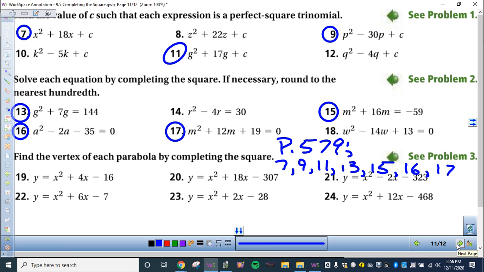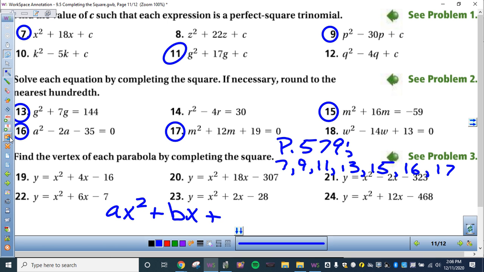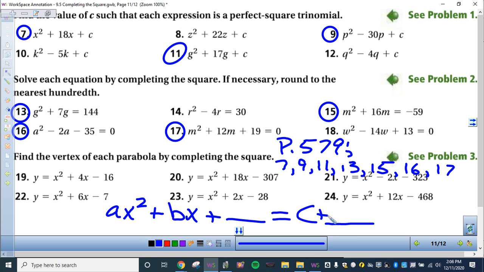Remember, the top 3 problems, you're just getting that binomial squared. But you want it to look like this. Or, sorry, not like that. So you want it to look like that. That's for 13, 15, 16, 17.